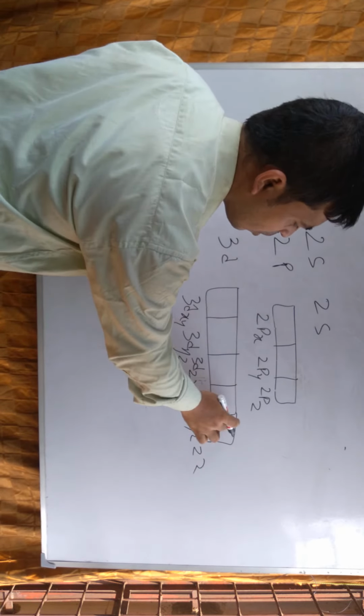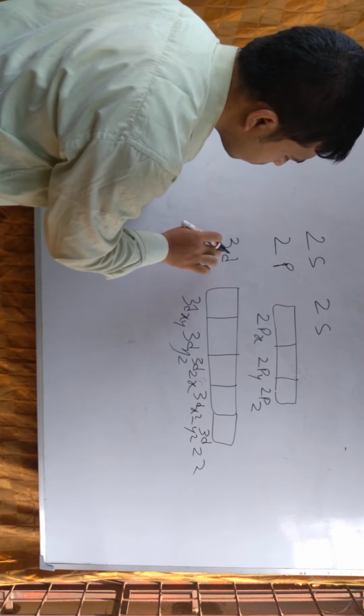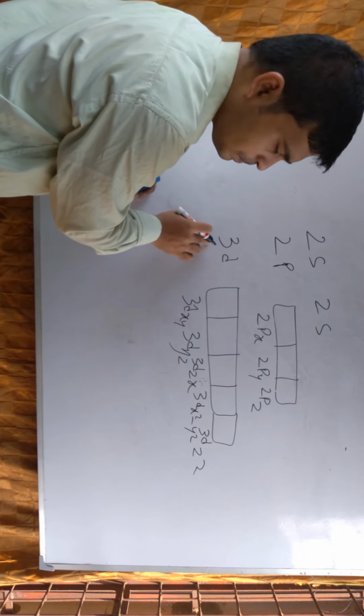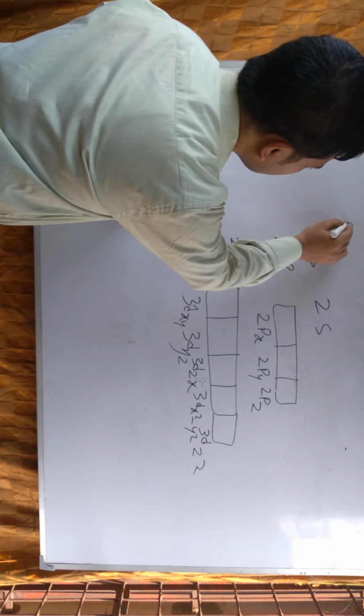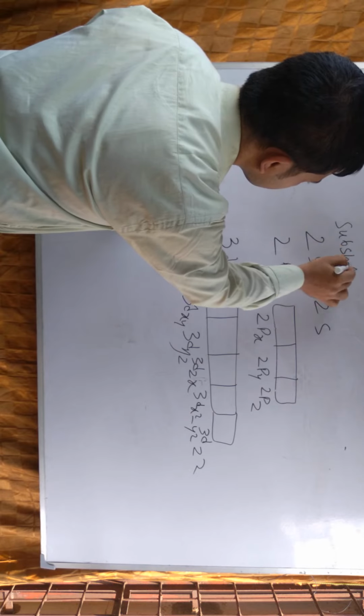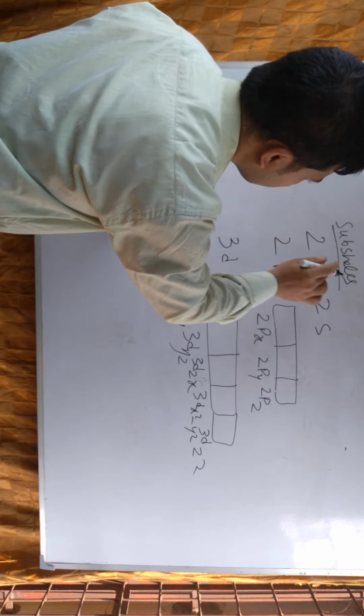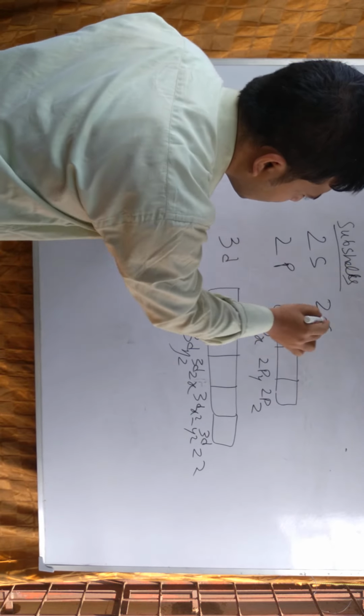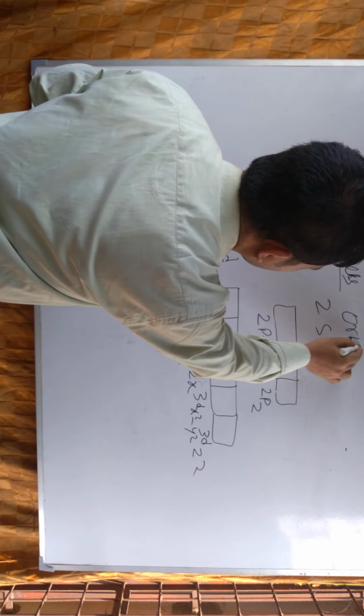So 5 orbitals are present in the 3d subshell. These are called subshells, and within each subshell, these are called orbitals.